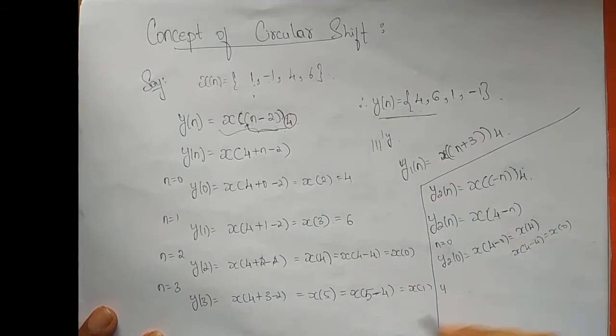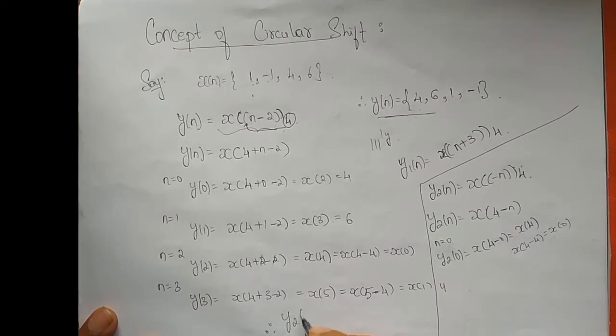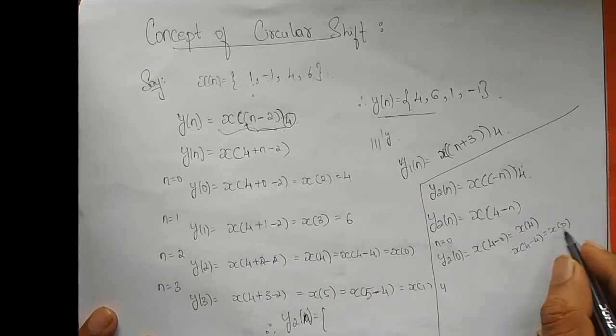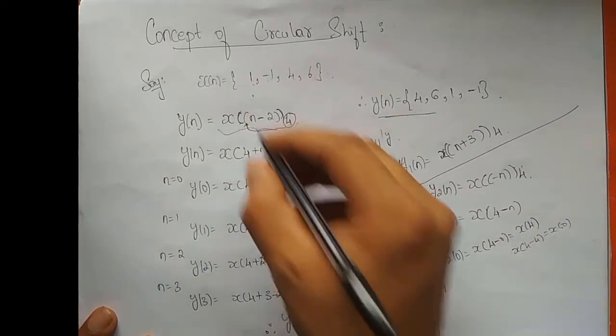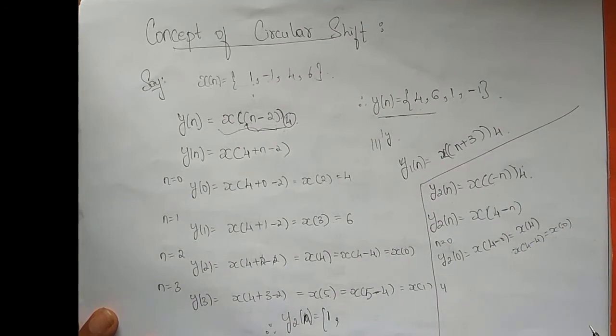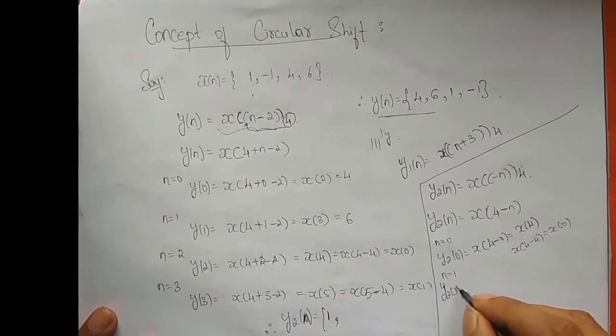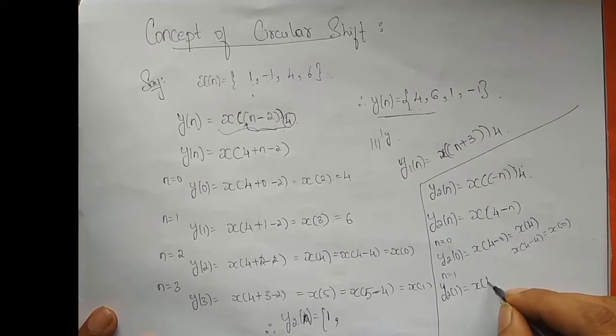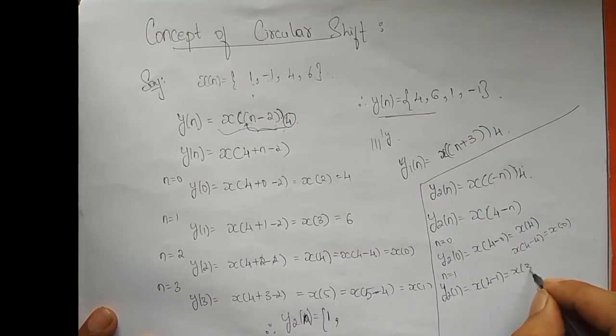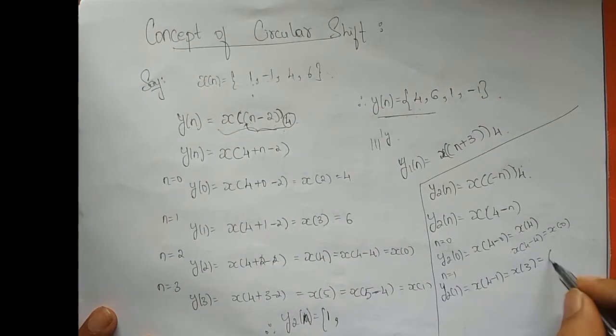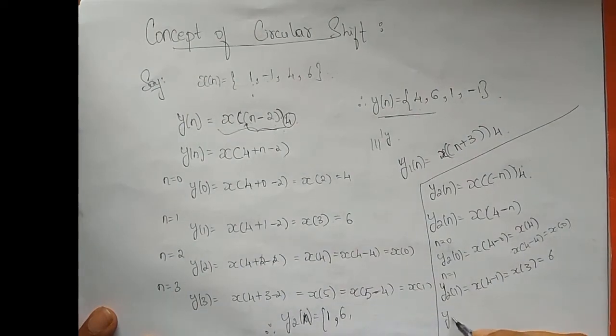So therefore y2 of 0 is x of 0, which is 1. First sample is 1. Similarly, when I put n equal to 1, what is y2 of 1? y2 of 1 is x of 4 minus 1, which is equal to x of 3. So what is the value of x of 3? It is 6. So I get 6. What is y2 of 2?